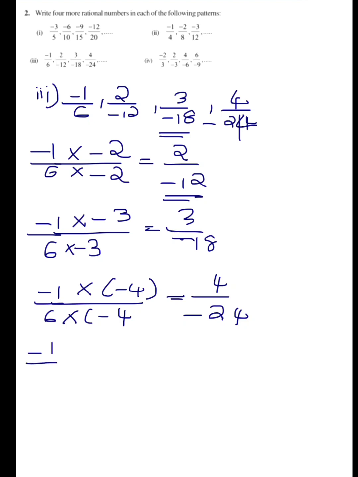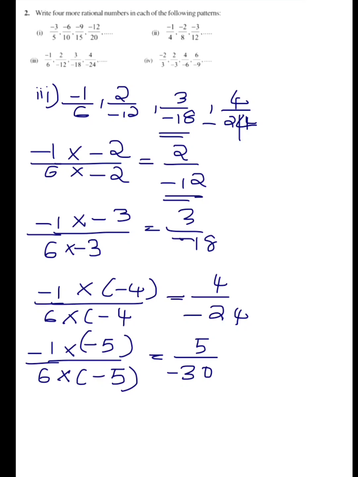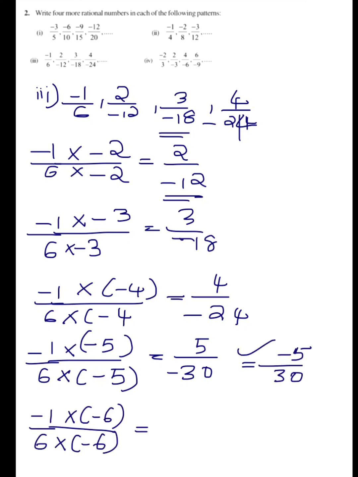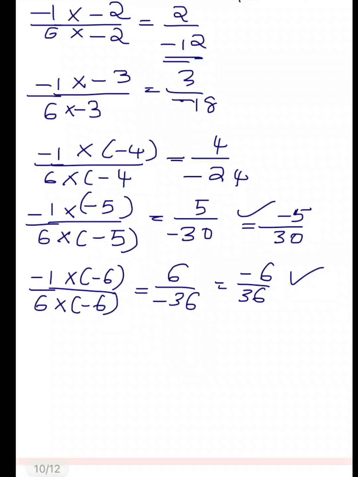So it's very easy. That is minus 1 by 6 into minus 5 by minus 5. So the answer will be, what is minus 1 into minus 5? 5. 5 by minus 30. Okay, this is the first number. Now multiplying with minus 6, you will get 6 by minus 36, or you can write it as minus 6 by 36. This is the second rational number. Now the next one, you have to multiply with minus 7.